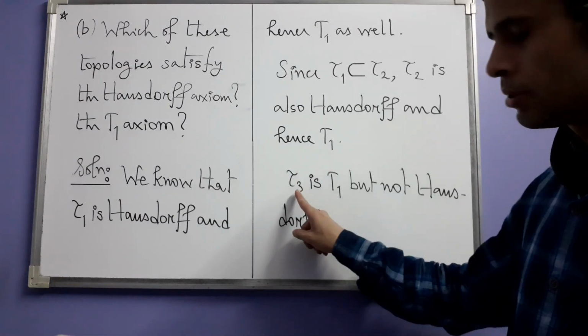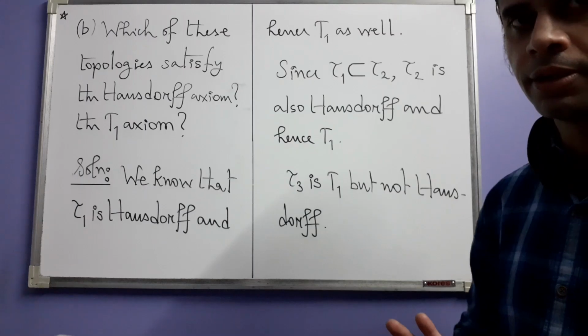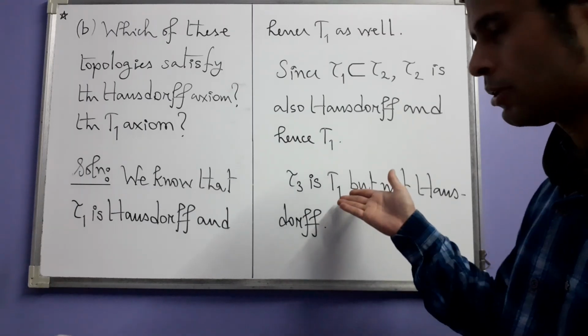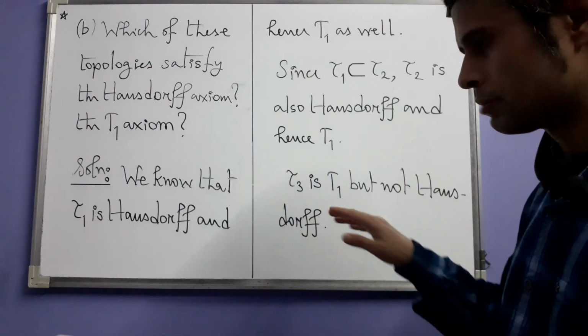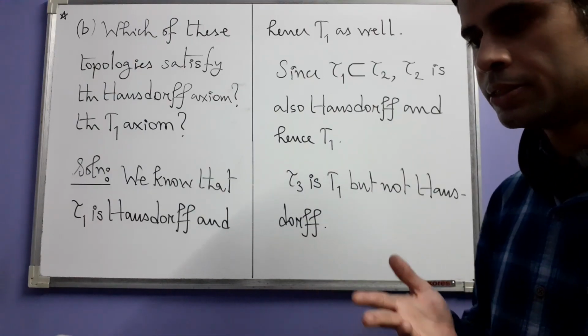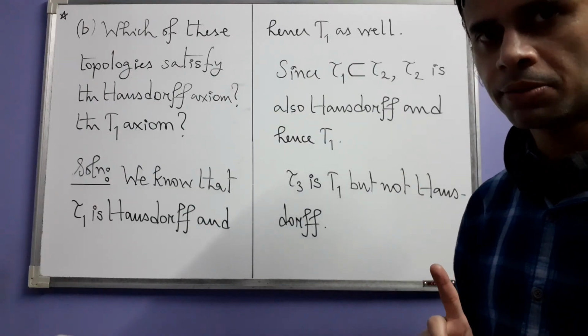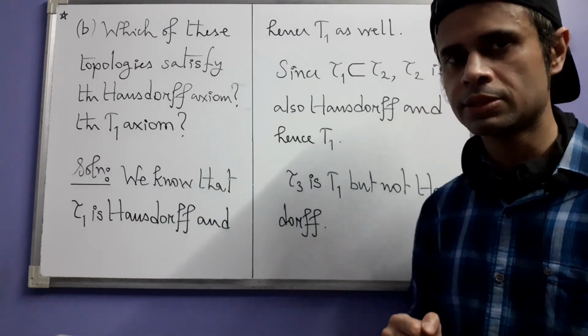The finite complement topology tau 3 is T1 but not Hausdorff. It's not very difficult to see why. Actually, we have already discussed this. I mean, we mentioned this, we did not elaborate why, but it's very easy to see. You just recall the definition of the finite complement topology and you try to think of what the open sets are.